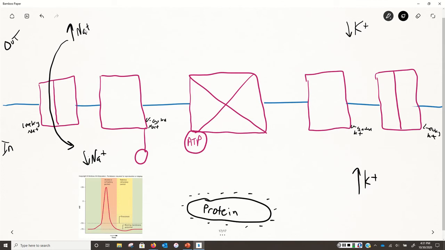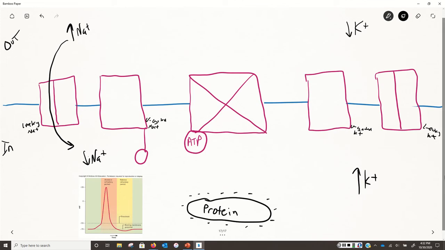Electrical because its positive charge is attracted to the negative inside the cell. So its concentration gradient is inward, its electrical gradient is inward, and adding them together, its electrochemical gradient is inward.